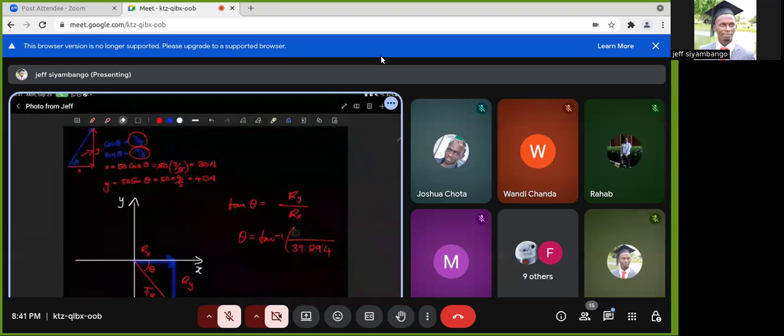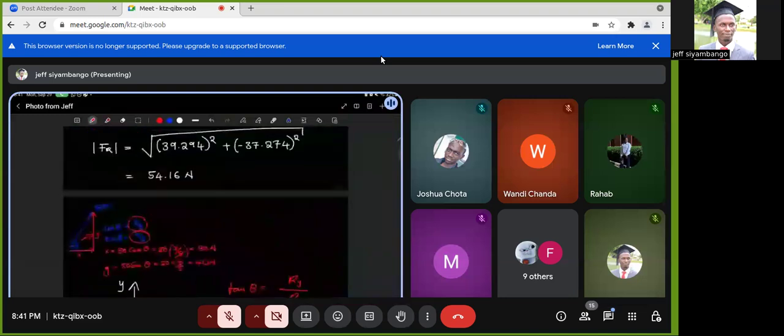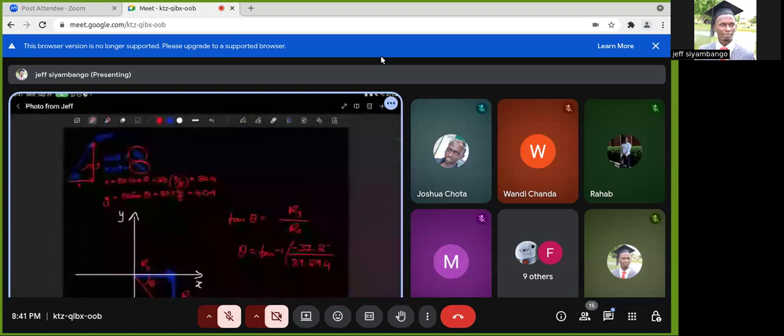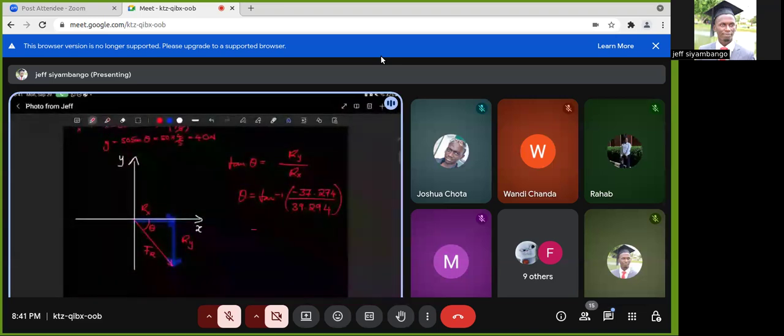Write the top one properly: minus 37.274. So when you do this, what are you getting? 43.49.